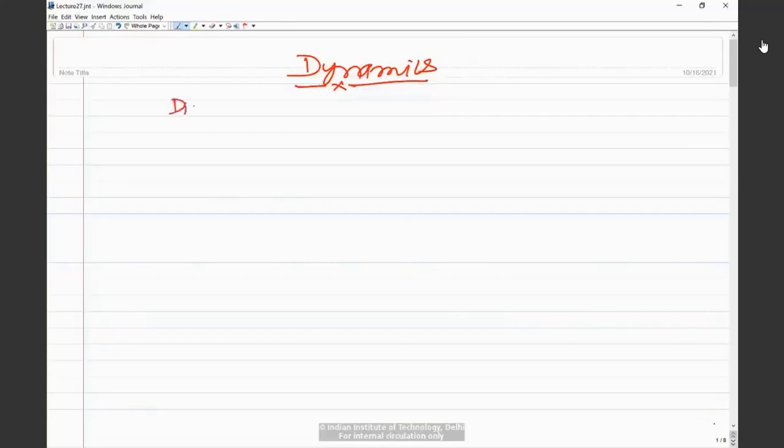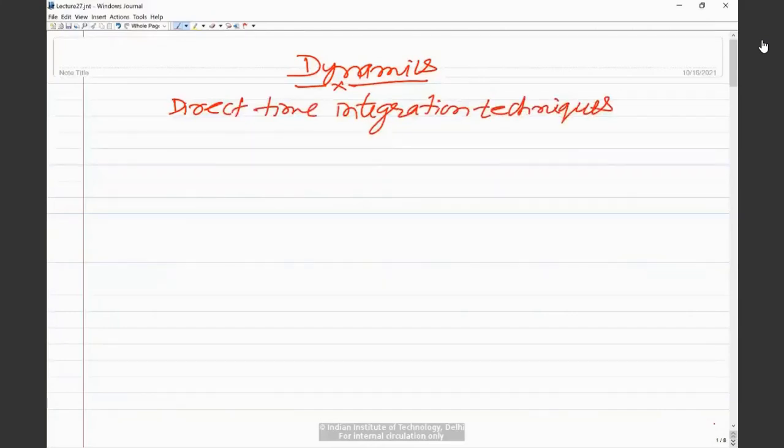That is direct time integration techniques, and I'm going to discuss just two techniques, one explicit and one implicit.